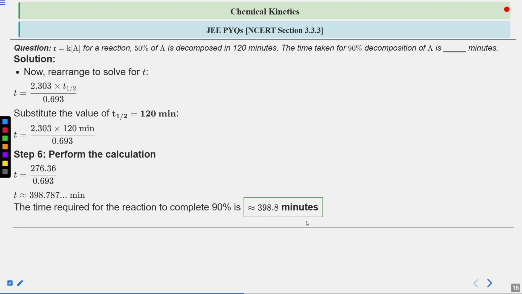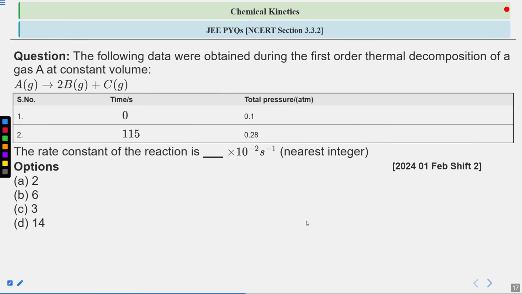Okay, let's move to our next question. This is a JEE PYQ covering NCERT section 3.3.2. The question says: the following data were obtained during the first order thermal decomposition of a gas A at constant volume.